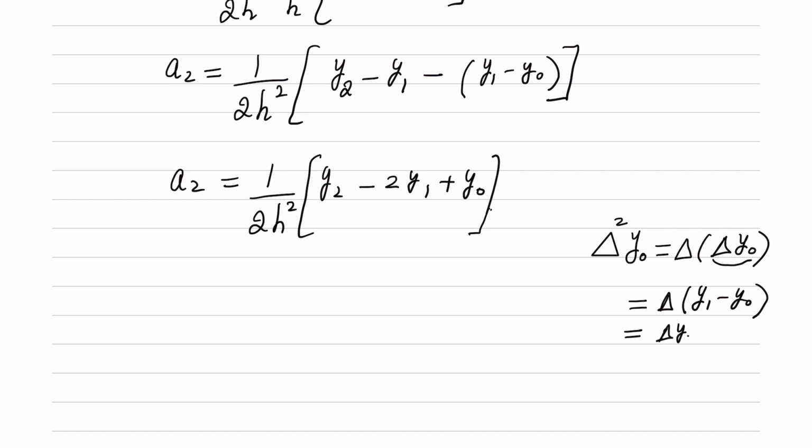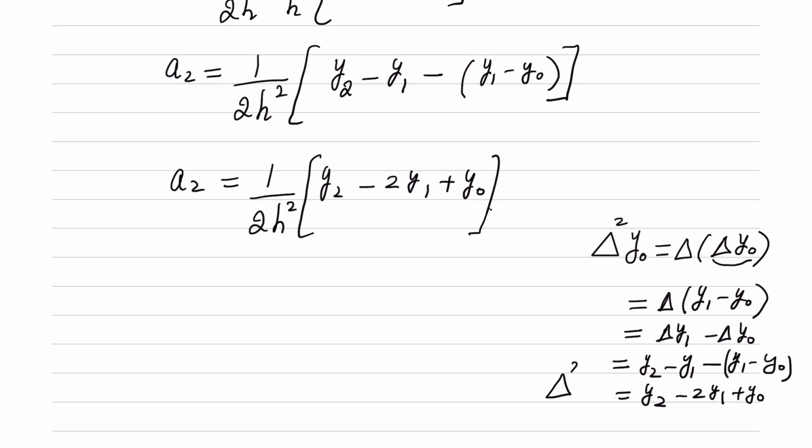You have forward y1 minus forward y0. Forward y1 by definition is y2 minus y1, minus forward y0 by definition is y1 minus y0. We simplify it and get y2 minus 2y1 plus y0. So you can see that forward square y0 is equal to y2 minus 2y1 plus y0.